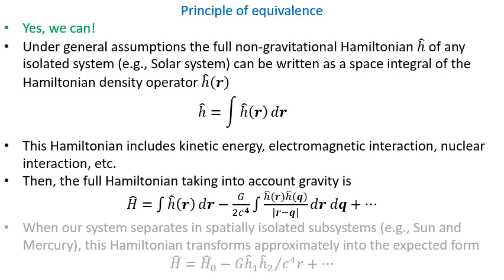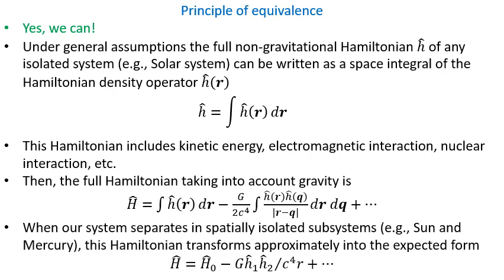The first term is the non-gravitational part, and the second term is the gravitational interaction of the energy density with itself. Probably some higher order terms can be added. They are shown by the ellipses. But already in this simple notation we get a Hamiltonian that satisfies the requirements of the equivalence principle. Indeed, it can be shown that when our system separates into two spatially isolated subsystems, 1 and 2, then the above Hamiltonian takes the form we considered earlier.